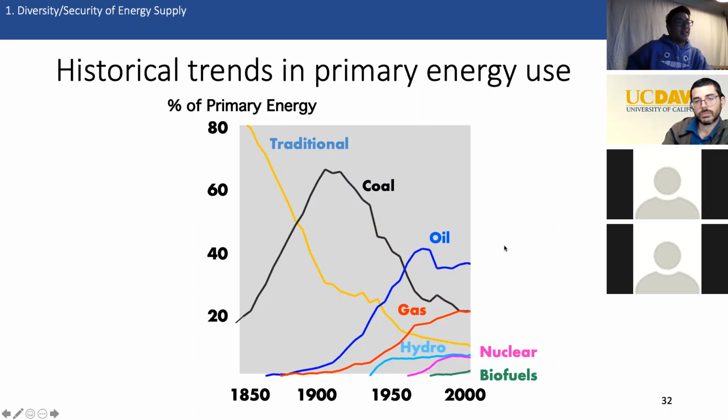This graph only goes out to the year 2000, but if you look at more recent trends, coal has fallen even farther, and gas has spiked up, and we'll talk about that in future lectures.